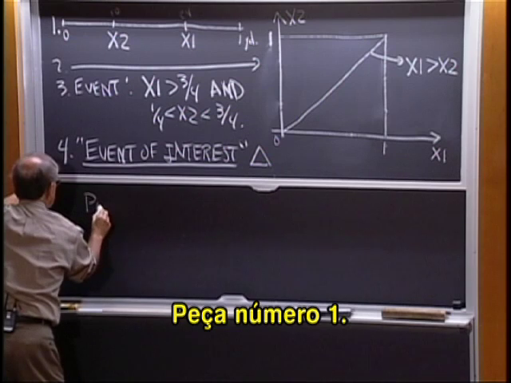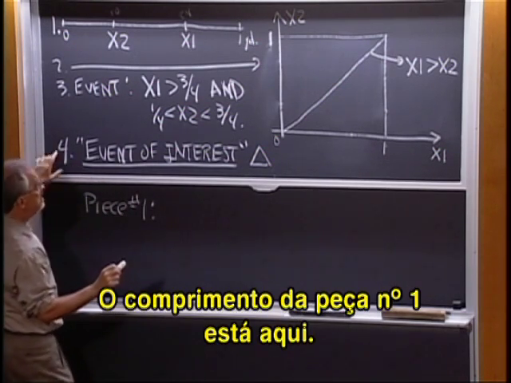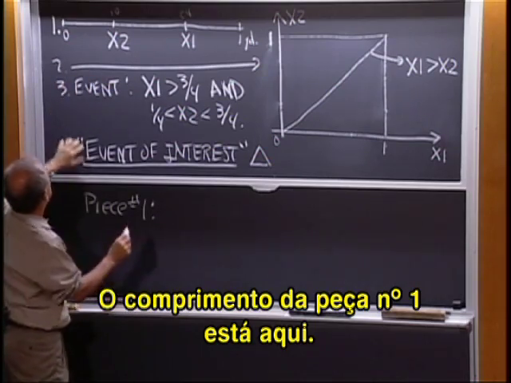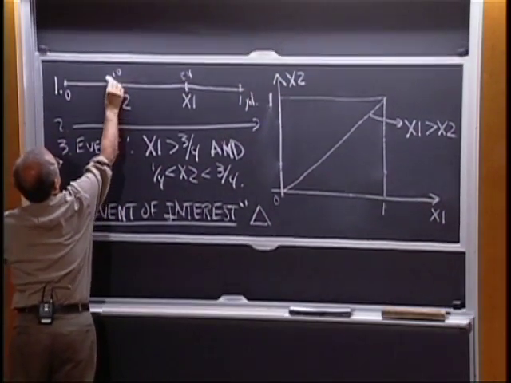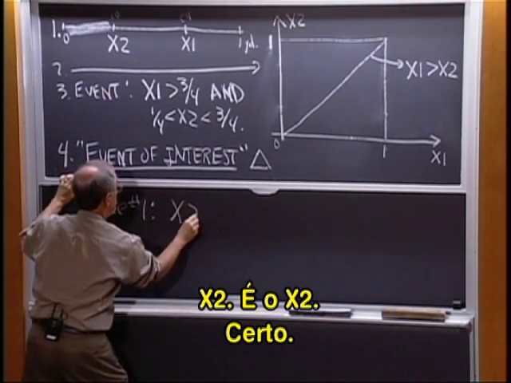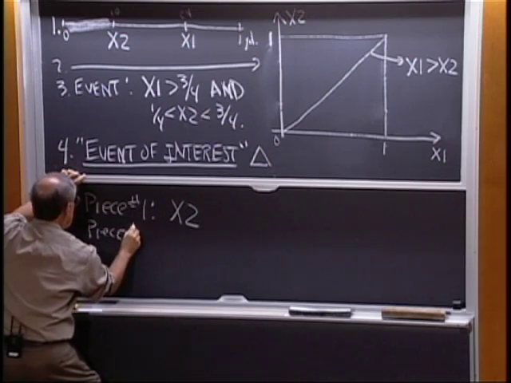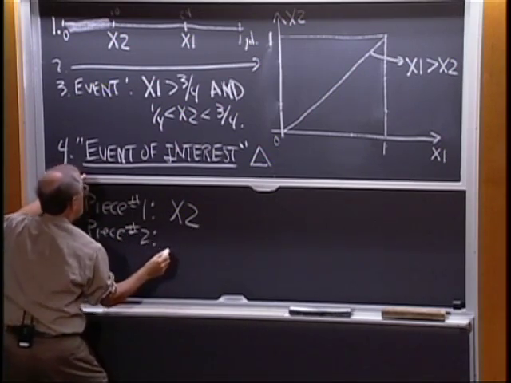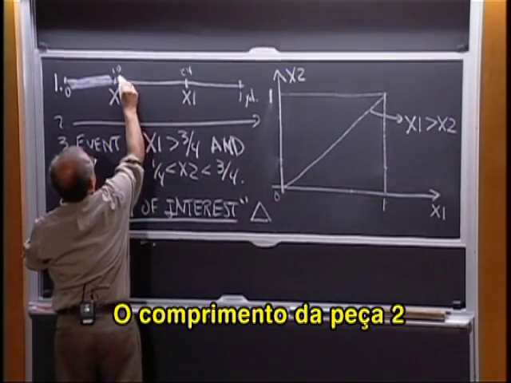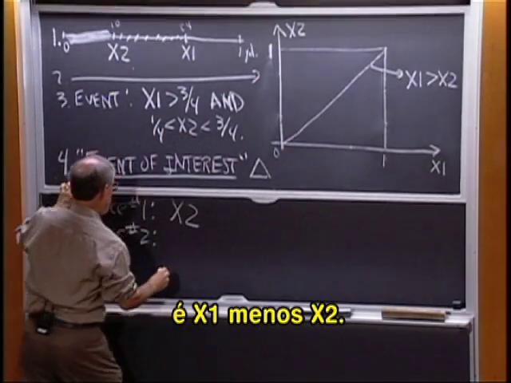So piece number 1: the length of piece number 1 is right here, x2. Piece number 2: the length of piece number 2 is x1 minus x2.